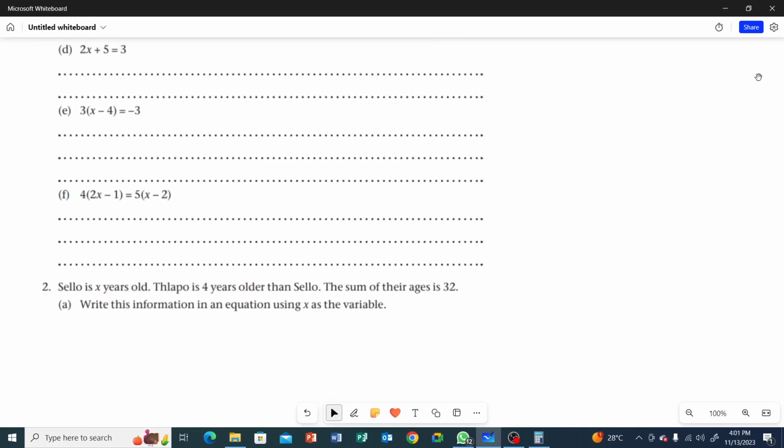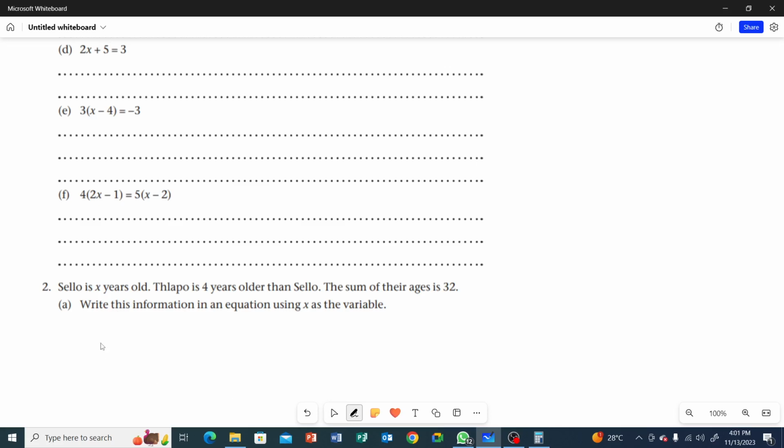I'm interested in number 2. Cello is x years old. Chapo is 4 years older than Cello. The sum of their ages is 32. Write this information in an equation using x as a variable. So here they're teaching you how to create an equation, guys.